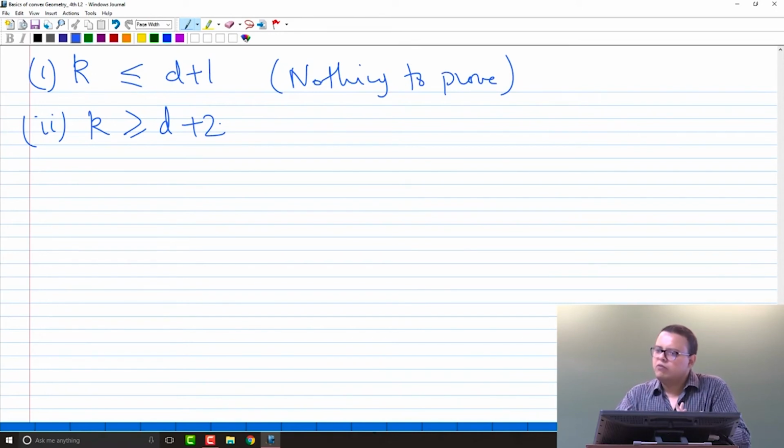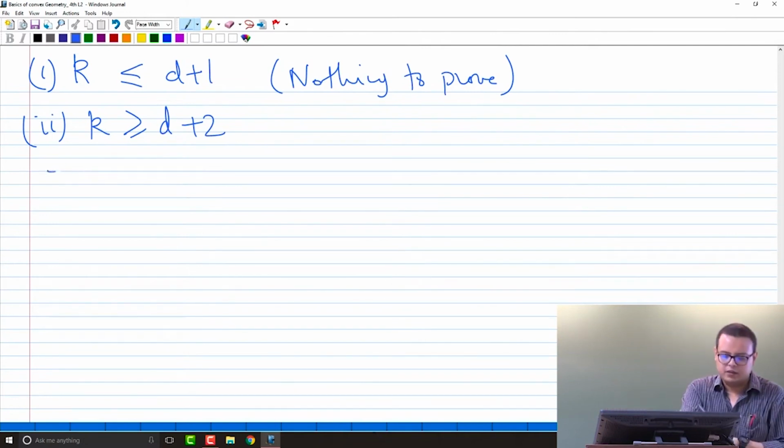Now, whenever you see d plus 2 points in R^d, what is the first thing that should come to your mind? Other than d dimensional geometry, what should come to your mind? They are affinely dependent, right.